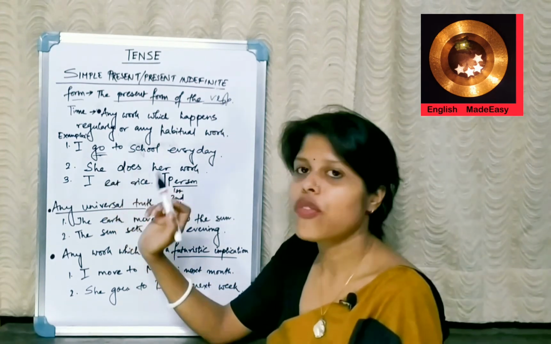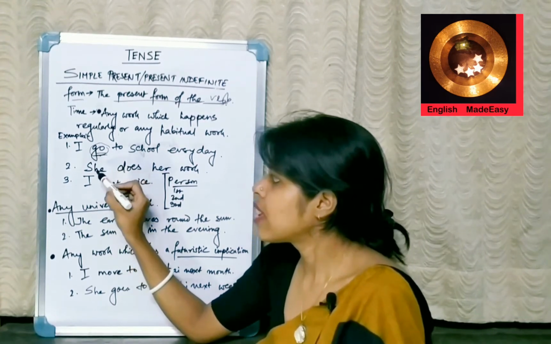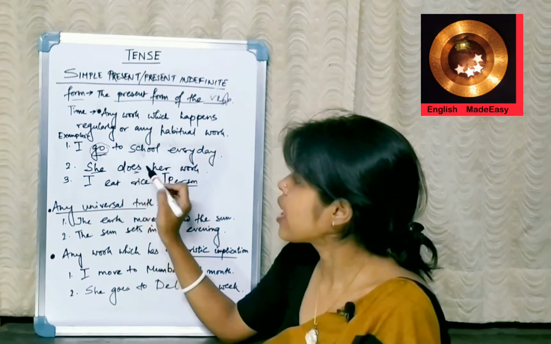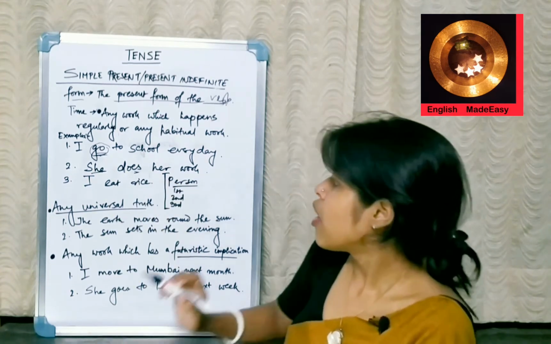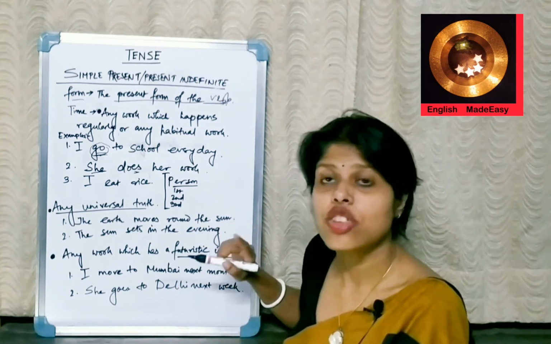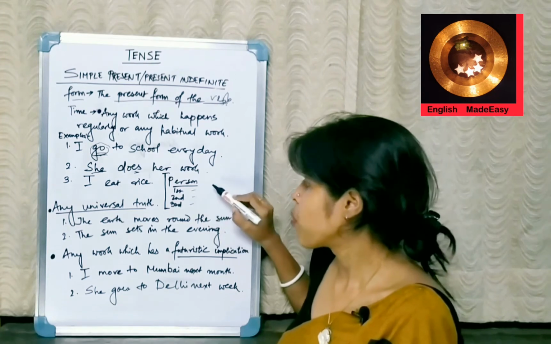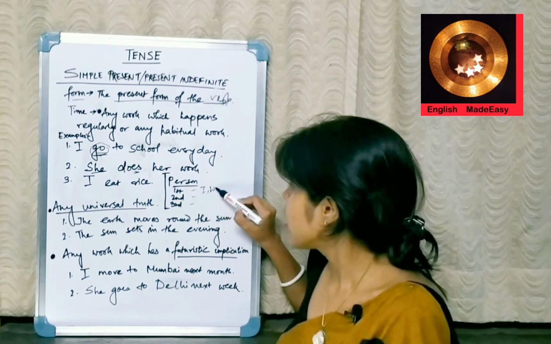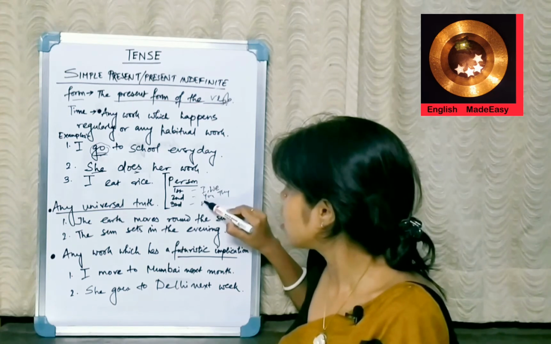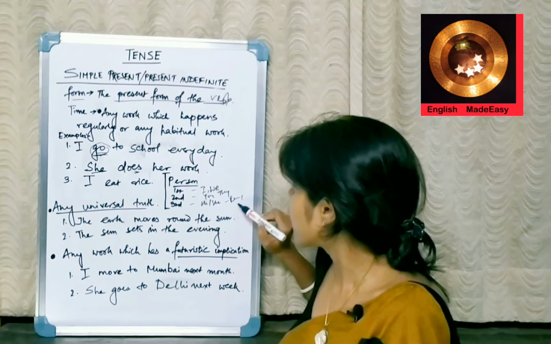She does her work. See, with I we use go. But with he, she or any name, we are using s or es with the verb. For that reason, you have to relate to another chapter called person: first person I, we; second person you, they; third person he, she, or any name like Ram, Rahim.